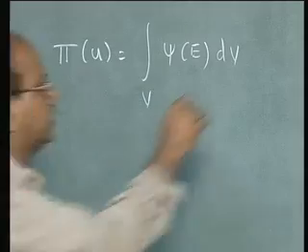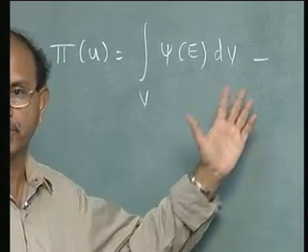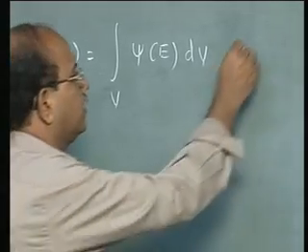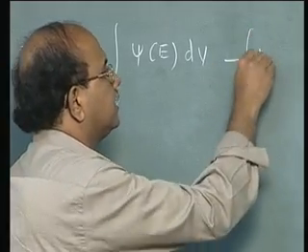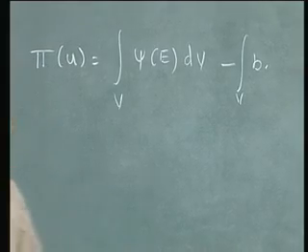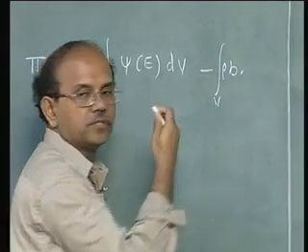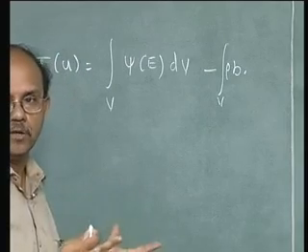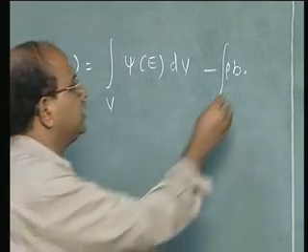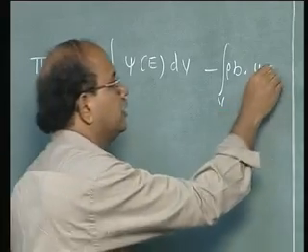And I have 2 more terms that come into the picture. One is the potential loss due to external loads. One of them is, say, the body forces that act, and depending upon how you define the body forces, either you can put rho b or b, whether it's per unit volume or density, but many times it is defined in terms of unit volume because density also may undergo a change.